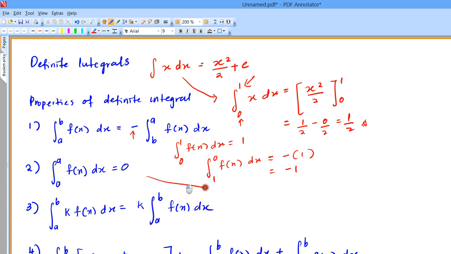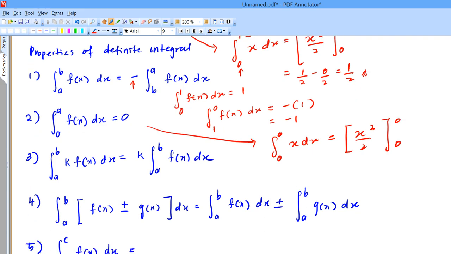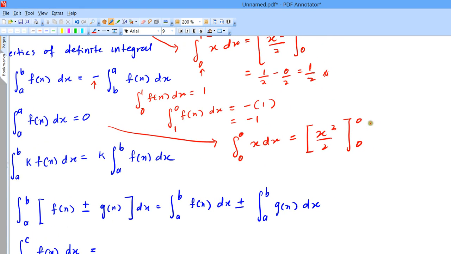Okay, for example, if we integrate x dx from 0 to 0, so equal to x squared over 2 and then just substitute 0, 0, actually equal to 0 over 2 minus 0 over 2, so equal to 0. We minus the same value.